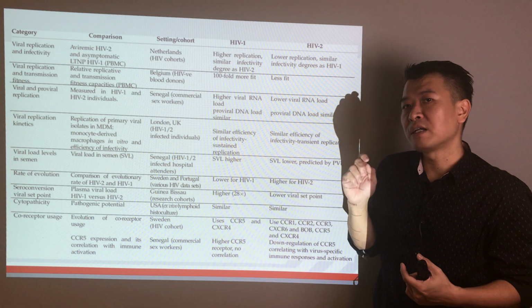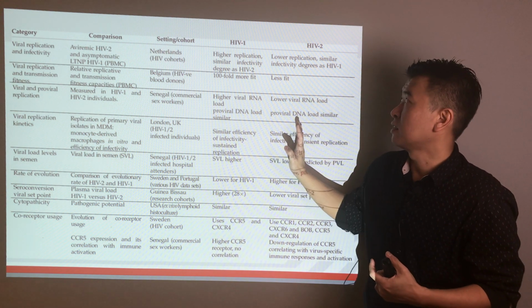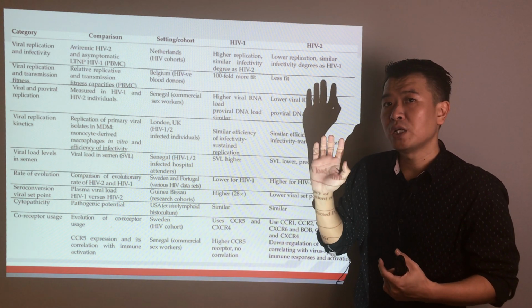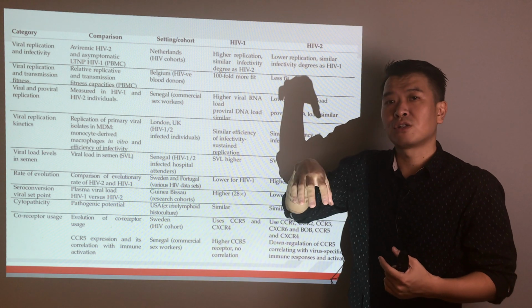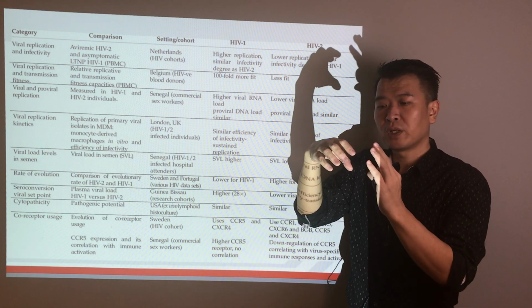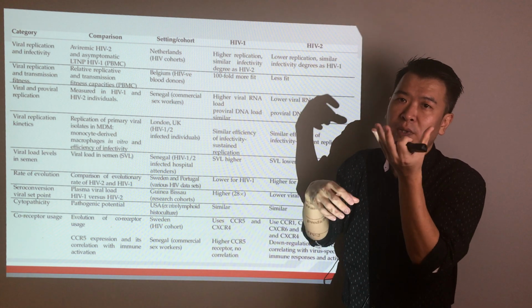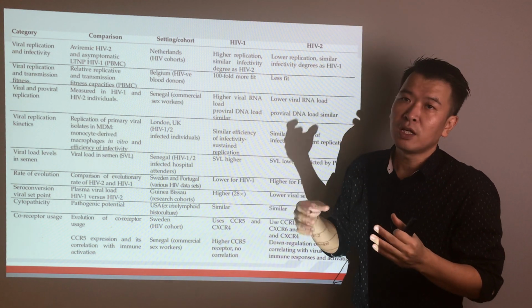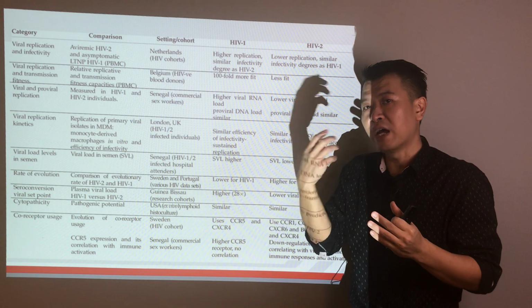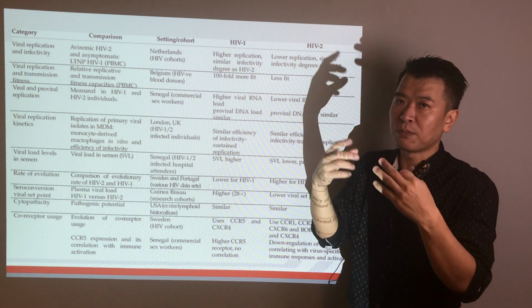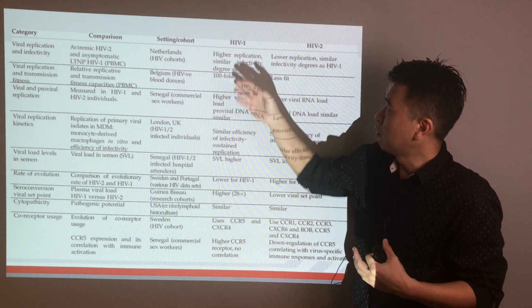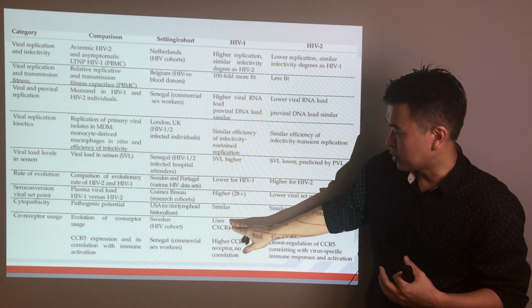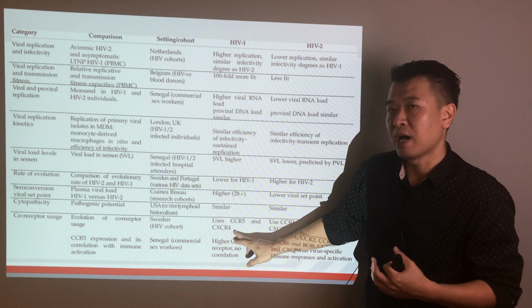Right. The other distinctive characteristic of these two viruses is when the virus attaches to the receptors. The virus needs a receptor on the cell for it to attach to, and in HIV they have to have additional coreceptors for them to enter the cell. For HIV-1, they have two, which are CCR5 and CXCR4.